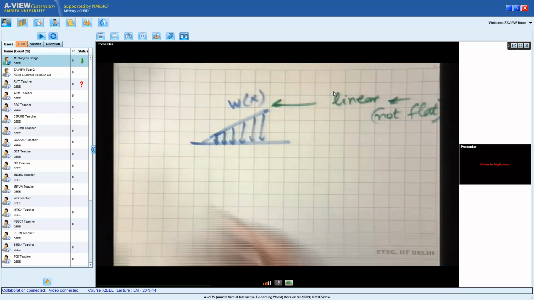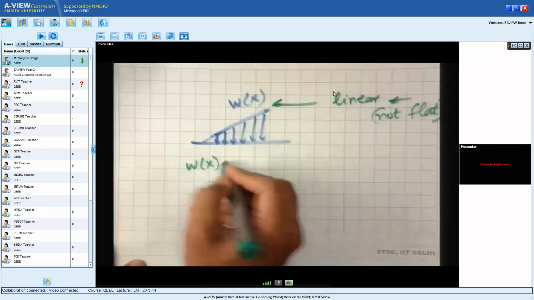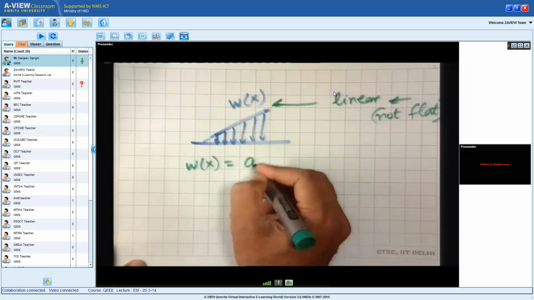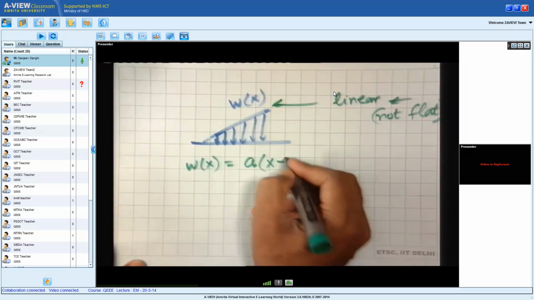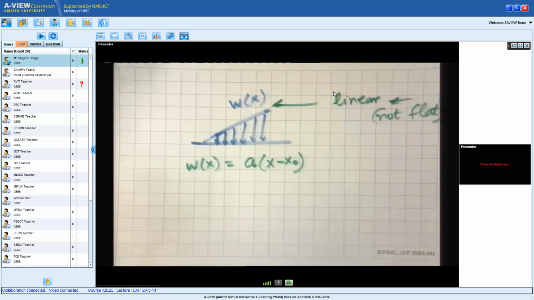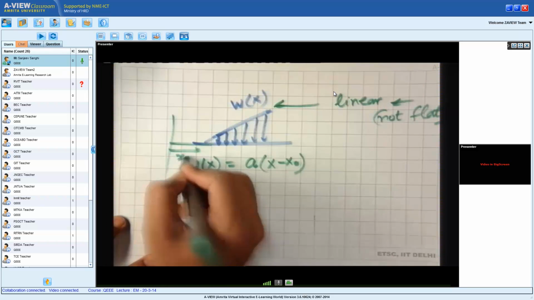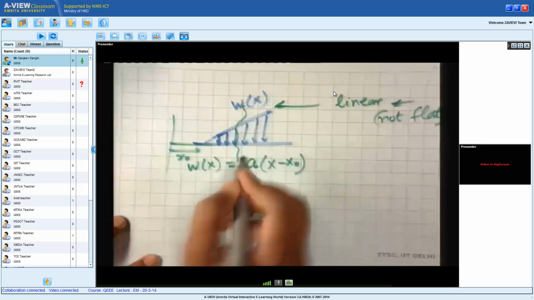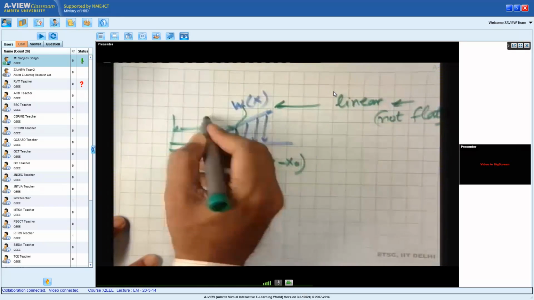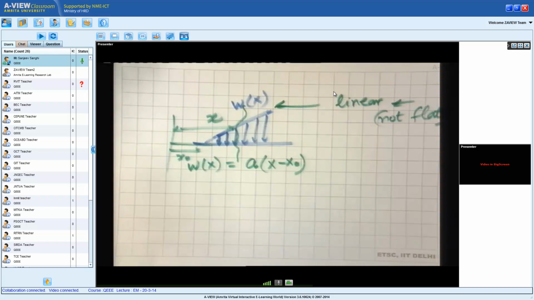So that means W of x is of the form a times x minus x0, so what I mean is this distance is x0. We are cutting a section here. This distance is x. So W of x is a times x minus x0.